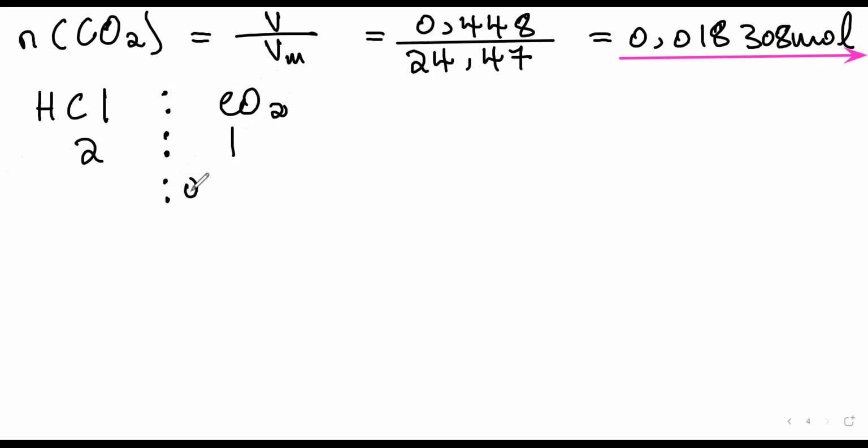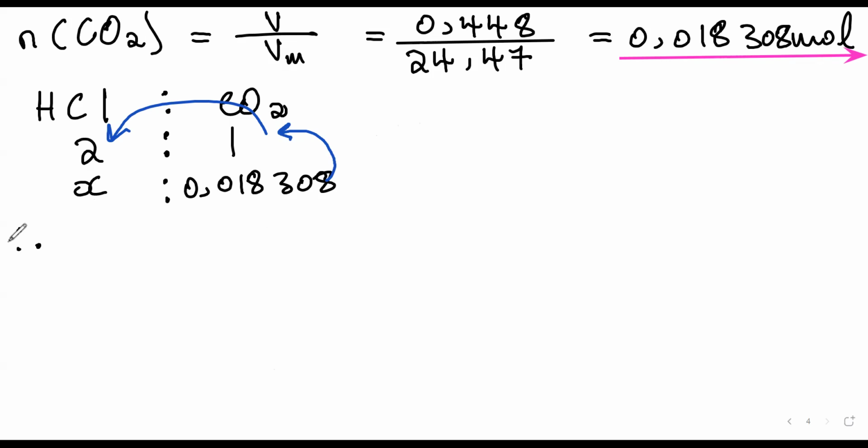Now we want to know if we have 0.018308, then how much do we have of this? Well, the only reason I'm writing X is due to space, but actually, you're just going to say this one divided by this, multiplied by that. So I'll just write X here, that's fine. Although I don't really like writing X.